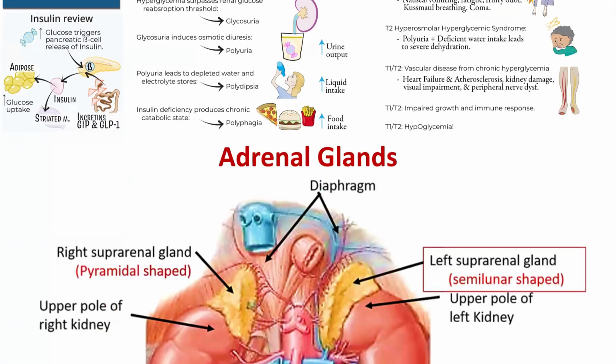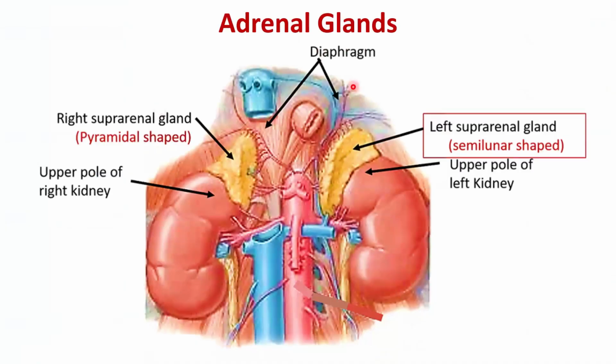So as I wrap up, just to show you, this is the last gland of the session today, which is the adrenal gland. You can appreciate these are the kidneys: this is the right kidney, this is the left kidney. I want us to appreciate that these kidneys have structures above them, the suprarenal or adrenal glands.